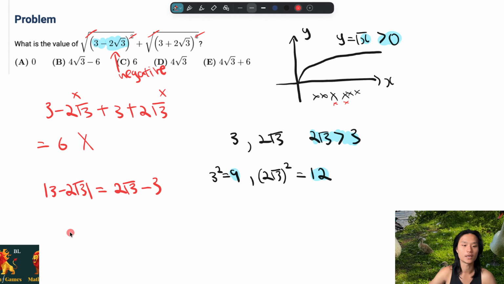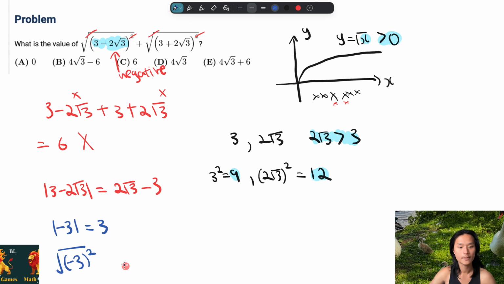Another example: if you have the number negative 3 and take the absolute value of that, it gives us 3. So if we apply this example, we have the square root of (minus 3) squared.